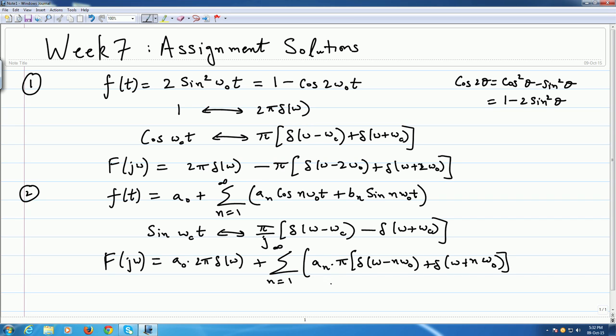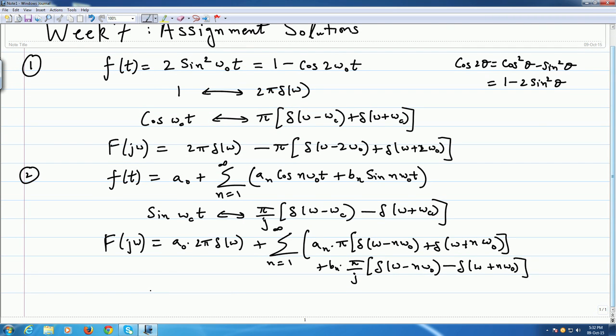Okay. And for the sine we have plus b n times pi over j times delta omega minus n omega naught minus delta omega plus n omega naught. Okay.